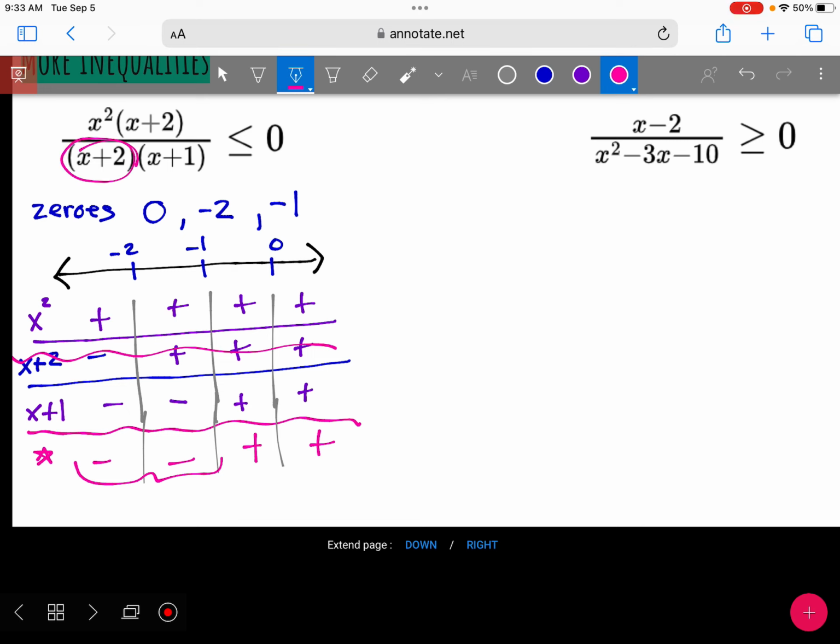So our solution, we're going to write it as -infinity to -2 with parentheses, and -2 to -1. There's one other piece that works that will make it equal to 0 since we count equals. What else works?